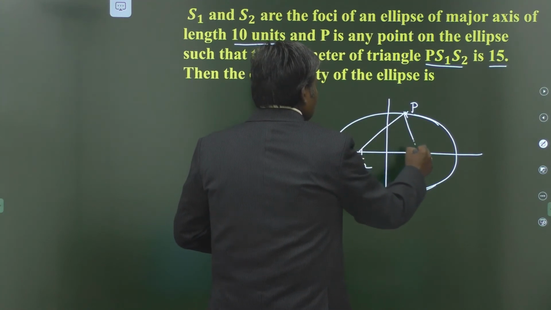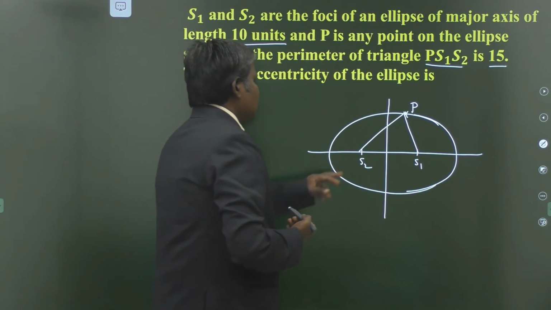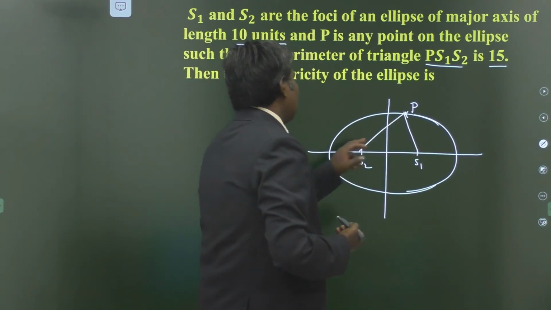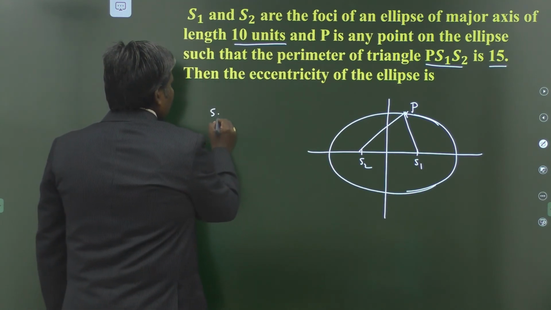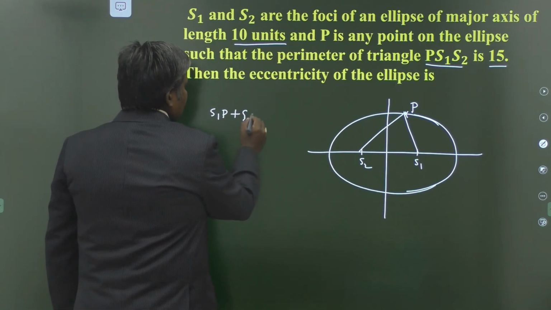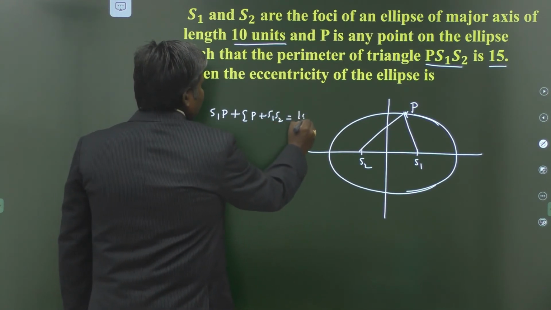The perimeter of this triangle is given to you, that is 15. Perimeter means S1P plus S2P plus S1S2. S1P plus S2P plus S1S2 is equal to 15.